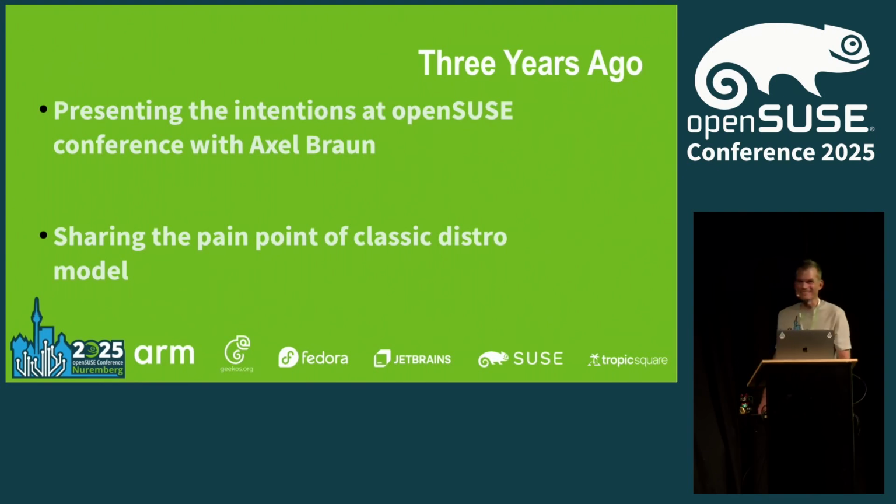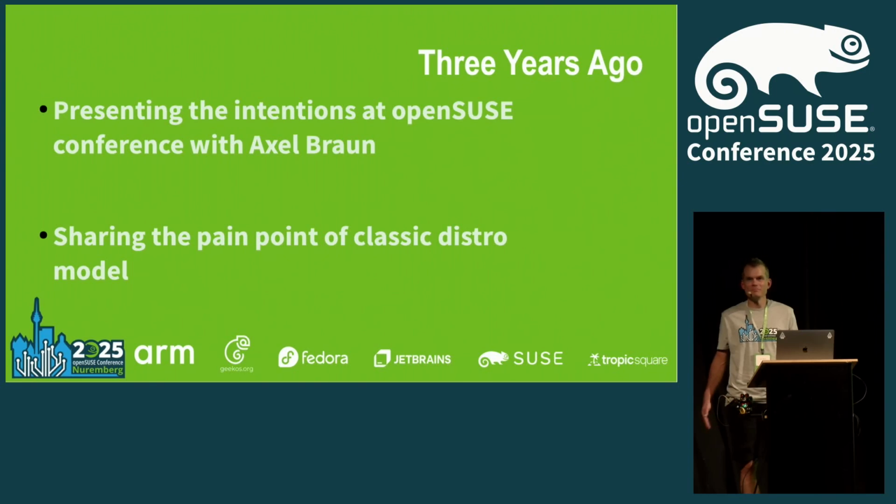But I hope some of you may remember the presentation which we had together here 3 years ago, where Axel, from his view, presented all the pain points he had with the standard distribution model, where basically everything is somehow bound together. You have from the distribution the complete stack from kernel, system libraries, graphical environment, or your services.